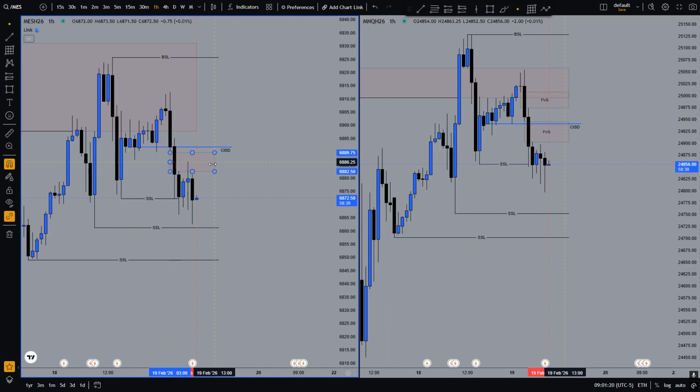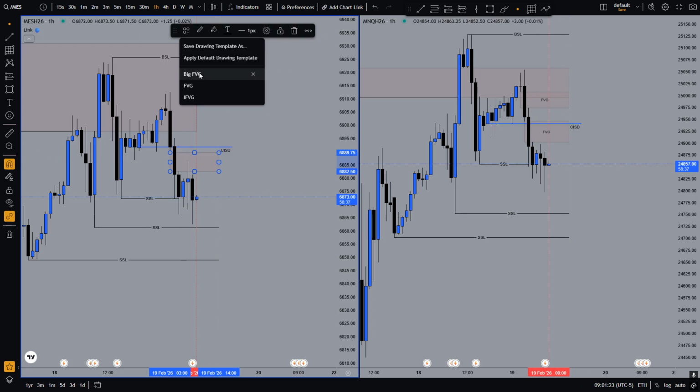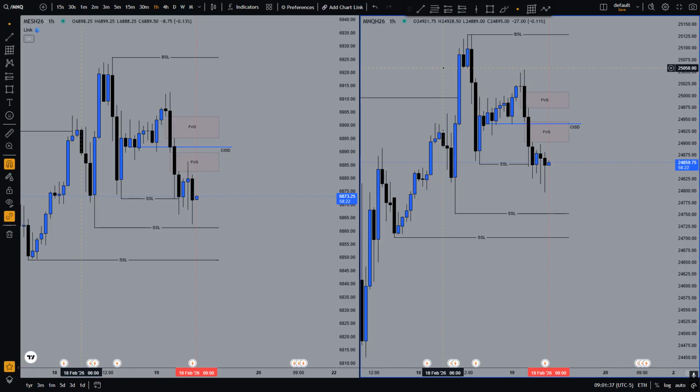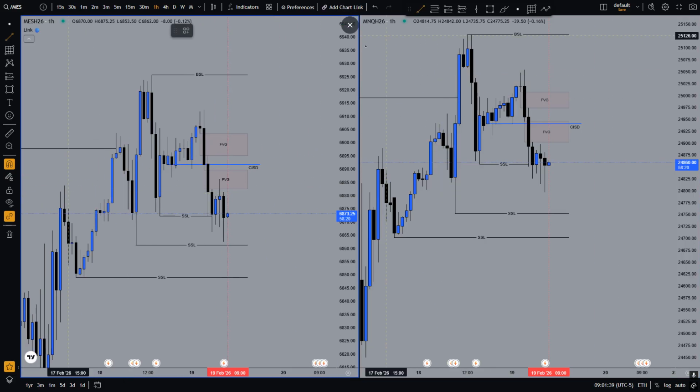One of the gaps we have already tapped on ES. I want to delete this daily gap. So yeah, we're gonna delete that just for it to be a little more clear.